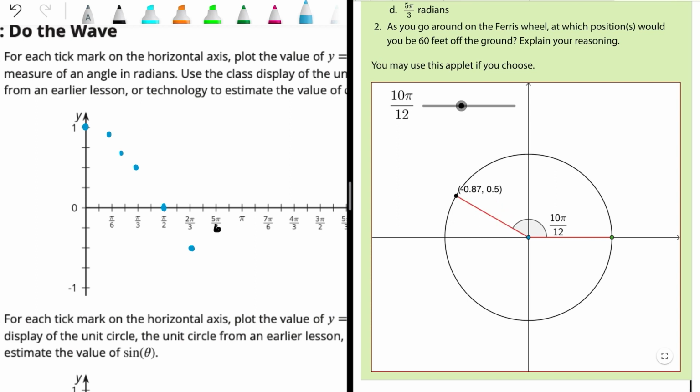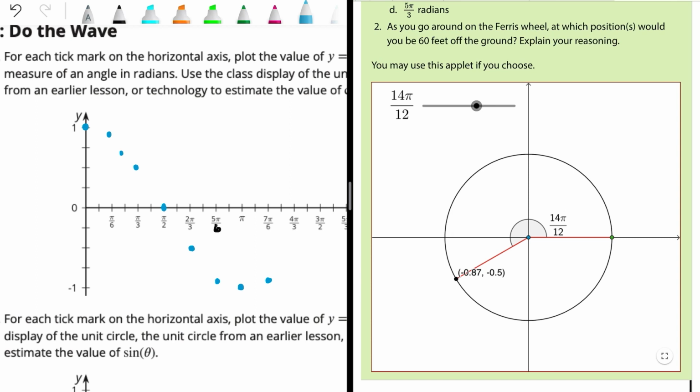So that was negative 0.87, which is about there. And then when we get to pi, which is 12 pi over 12, we're at negative 1. And then 7 pi over 6, which is the same thing as 14 pi over 12, we have negative 0.87 again.